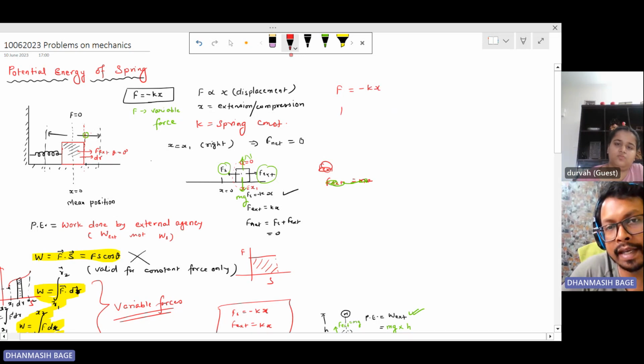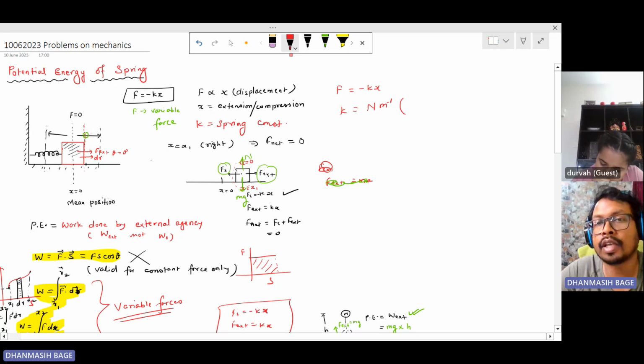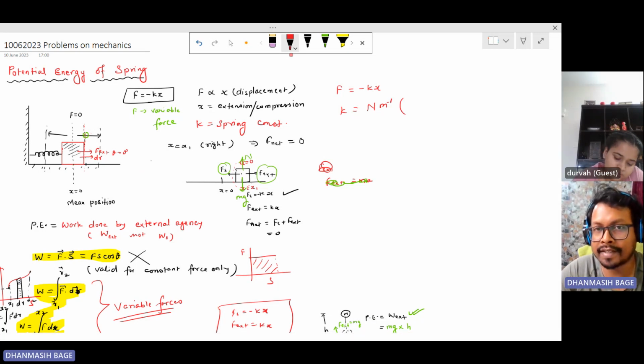What is the unit of K? Newton per meter. It means the force required to produce a unit extension or compression is called spring constant, and that is fixed for a particular material. It is different for different materials, but fixed for a particular material.